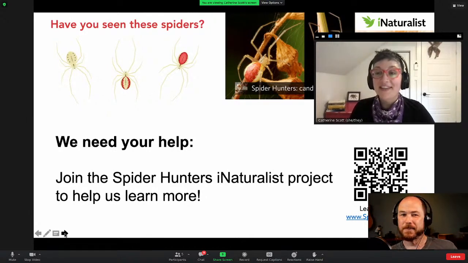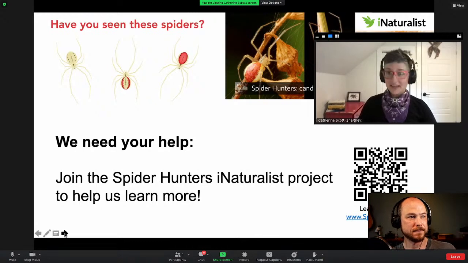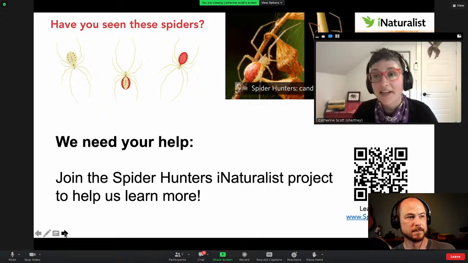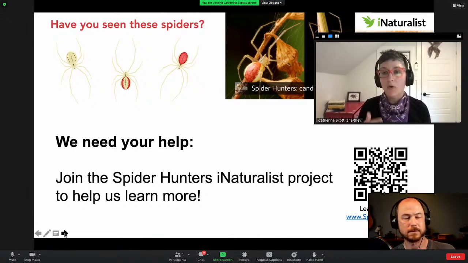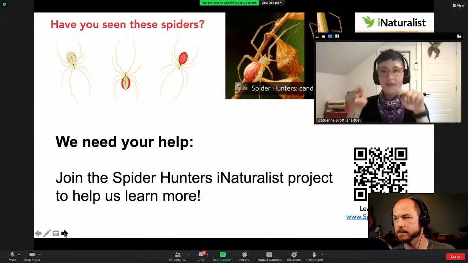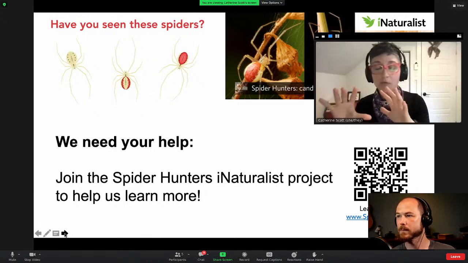The crab spider that is most commonly misidentified as a candy stripe spider is the goldenrod crab spider, and they're beautiful. They tend to be white or cream colored to yellow, and they often have two red stripes on the edge of the abdomen. So superficially quite similar, with red stripes on a pale yellowish background.